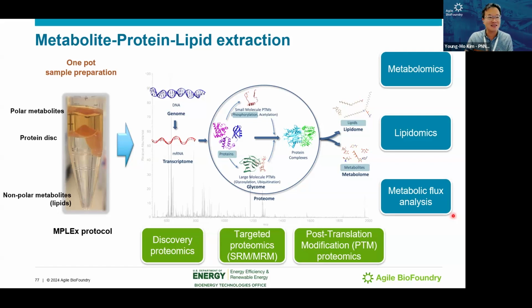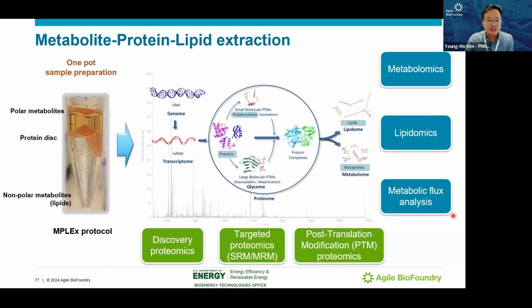I'm talking about the photo on the left. We can see denatured protein disk in the middle, and at the bottom we get non-polar metabolites, sterols. For fungi, we see a lot of ergosterol, a sterol-type metabolite present in the cell wall, and also other intact lipids.